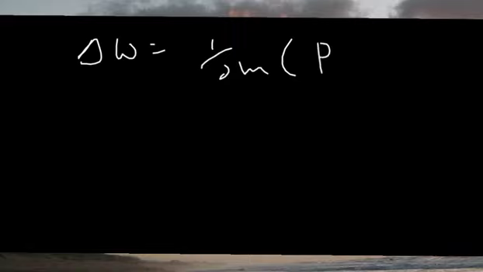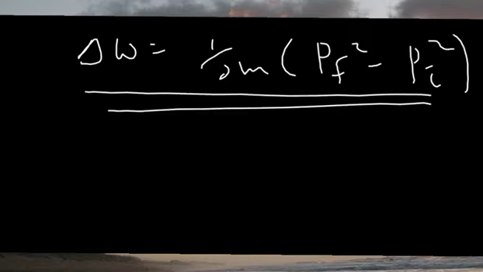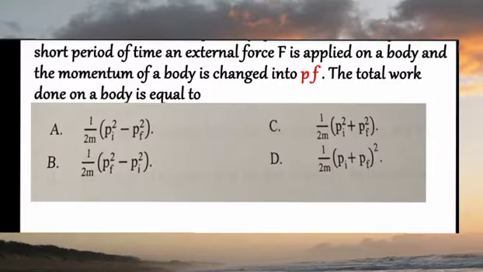So work done is 1/2 m, momentum final square minus momentum initial square. That is our answer, B. B is the answer.